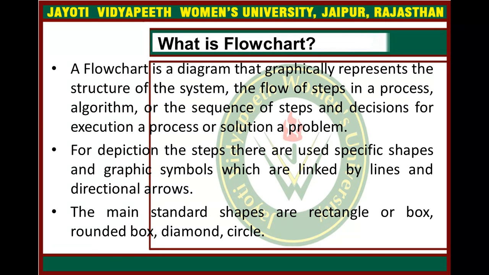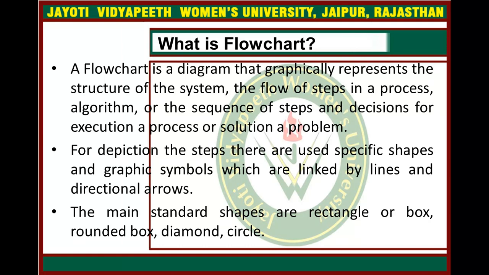Now come to what is flowchart. A flowchart is a diagram that graphically represents the structure of the system. It is a process algorithm, or you can say a sequence of steps and decisions for executing a process or solving a problem.